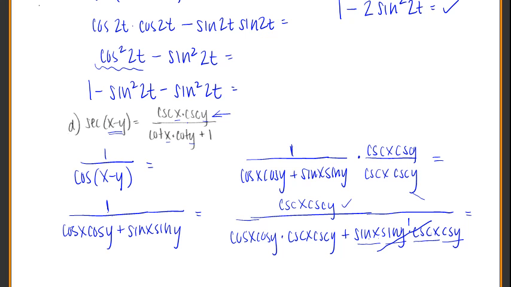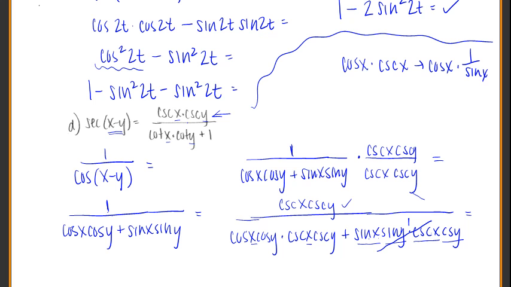Okay? Over here, matching x to x, what's cosine and cosecant? If I take cosine x and I want to multiply it by cosecant x, that's saying cosine of x times 1 over sine of x. Well, cosine times 1 over sine is cosine over sine, and we know that's cotangent x.